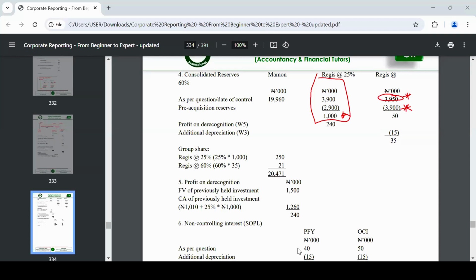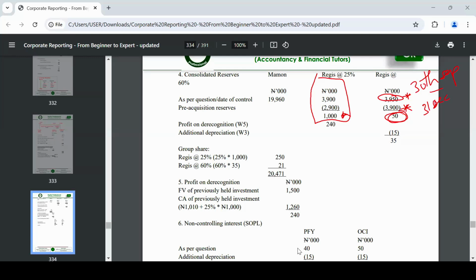Meaning that between 30th September to 31st December, all that came into the books as profit was only an additional 50. So what do we do?